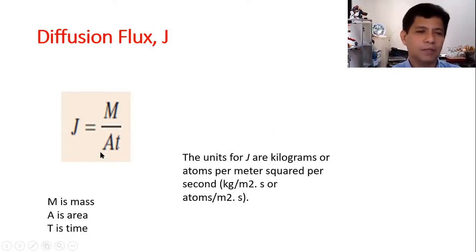Mas nakaka-relate yung ibang engineering courses sa mass. So, sa Chem, kami, mas nakaka-relate kami sa mole. Kaya, ang standard sa amin ay yung mole, kilogram mole, pound mole. Pero sa ibang engineering courses, mas nakaka-relate sila sa kilogram, pounds, di ba, grams. Kaya ito yung standard definition ni Callister. Mass per unit area per unit time. Yun yung flux. I hope you can remember this. Ano? Yun lang naman.